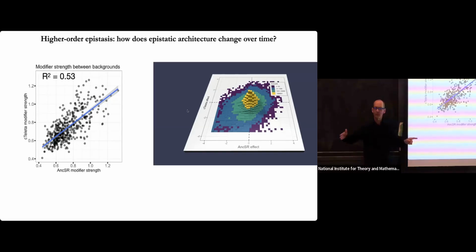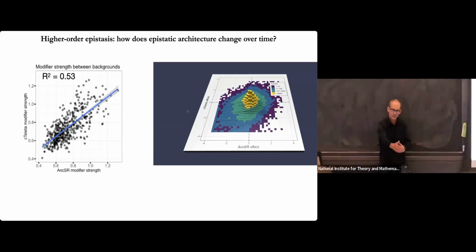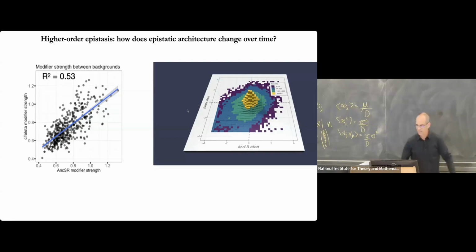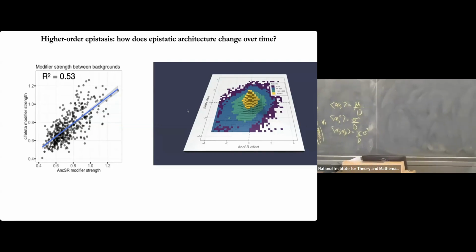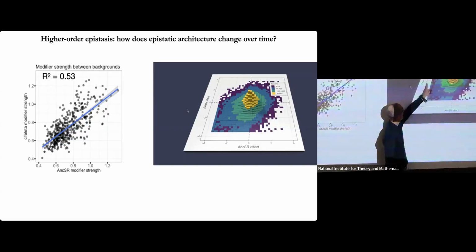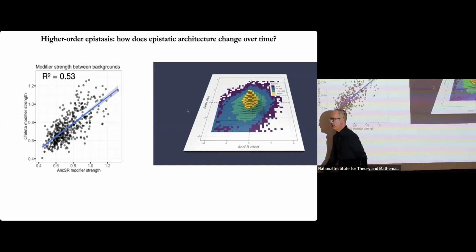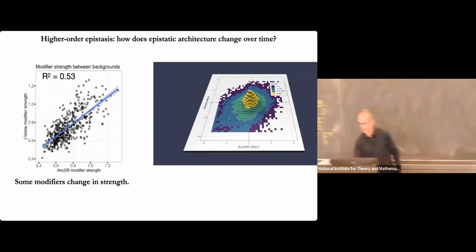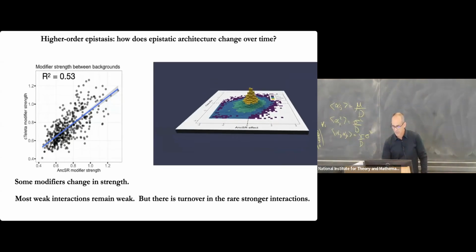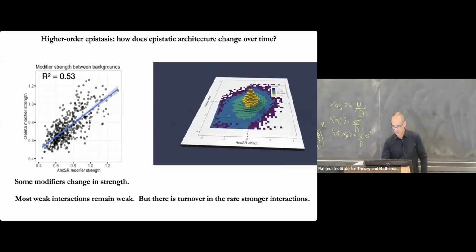So the overall distribution is the same, but some are getting stronger and some are getting weaker. And then this is the distribution of the epistatic couplings themselves in the ancestral background versus the derived background. And I'm going to show you this distribution. So some modifiers change in strength. This is what this looks like.